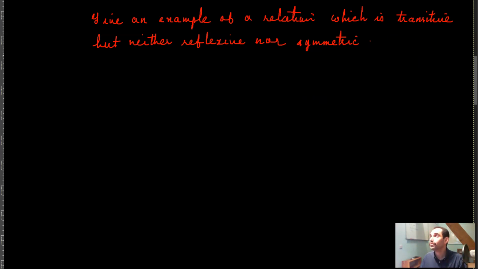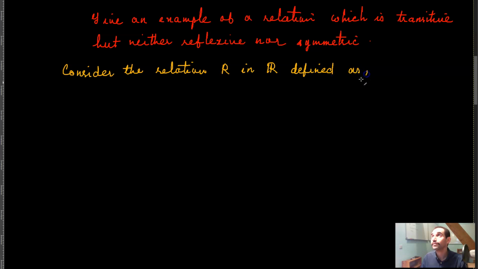So what you can do now is consider the relation R in ℝ, the set of real numbers, defined as R equal to all the ordered pairs (a, b) such that a is less than b.